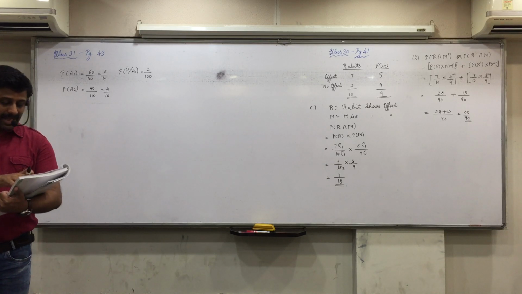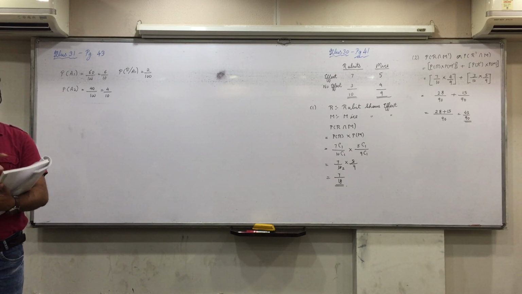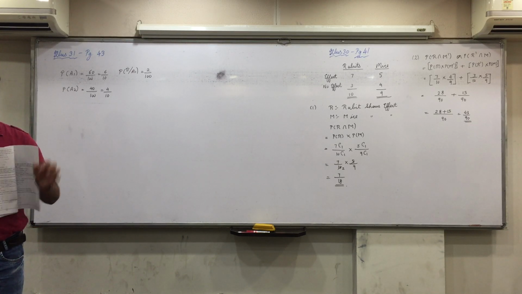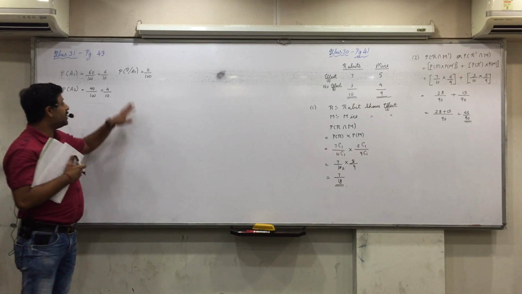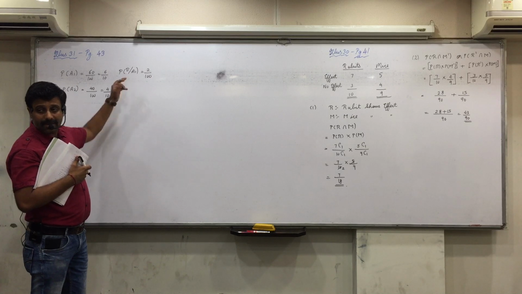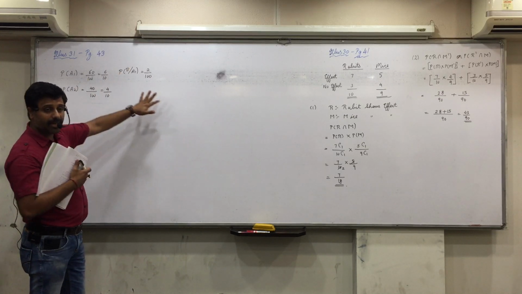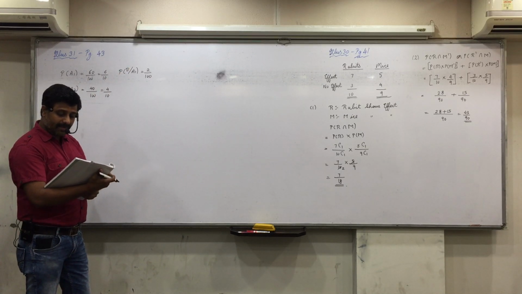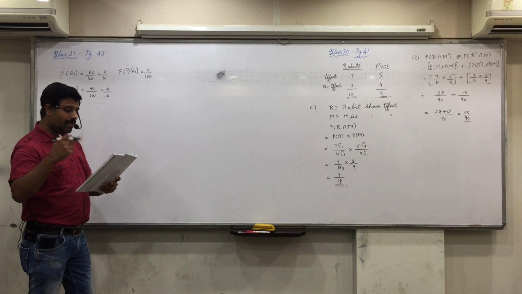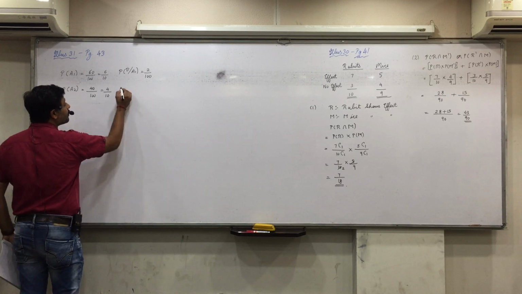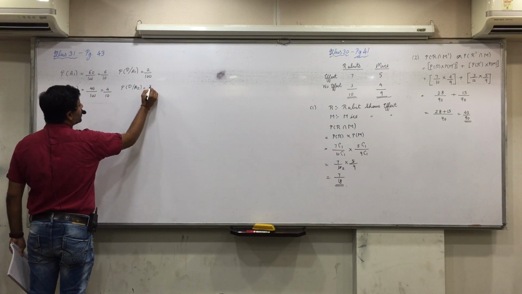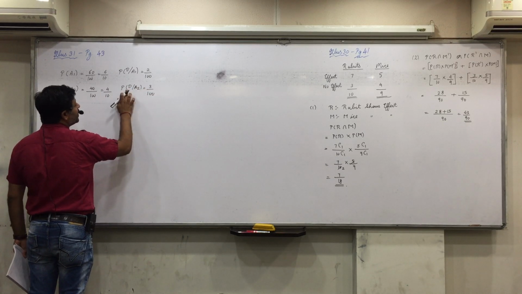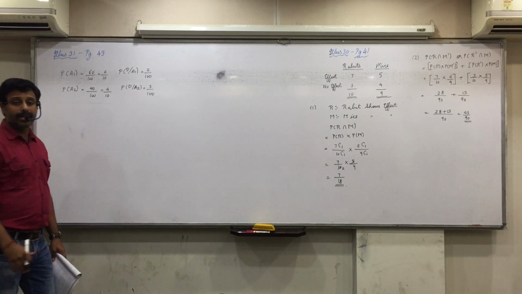From A1, what are the chances that the item produced is defective? 2%. So what is this 2% actually? D slash A1. It is the probability that the item is defective given that it is produced by factory A1. Same way, what is the probability that 3%? D slash A2? Probability that the item is defective given that it is from factory A2.